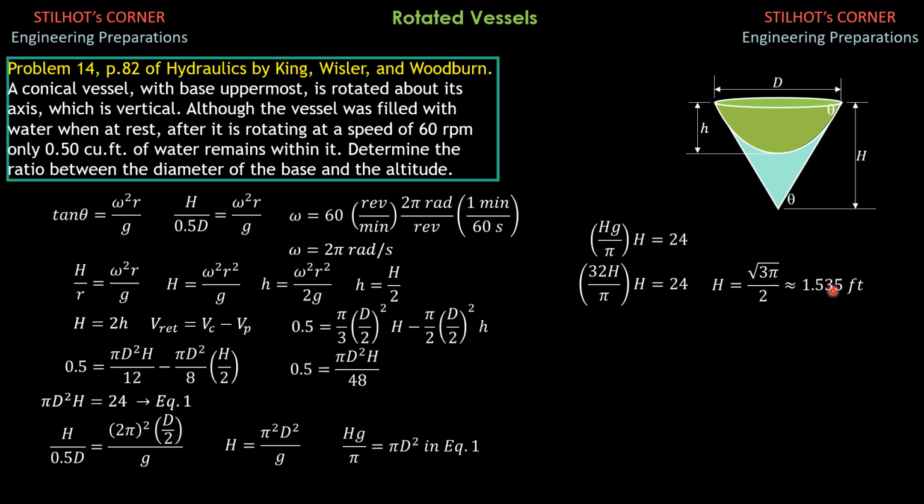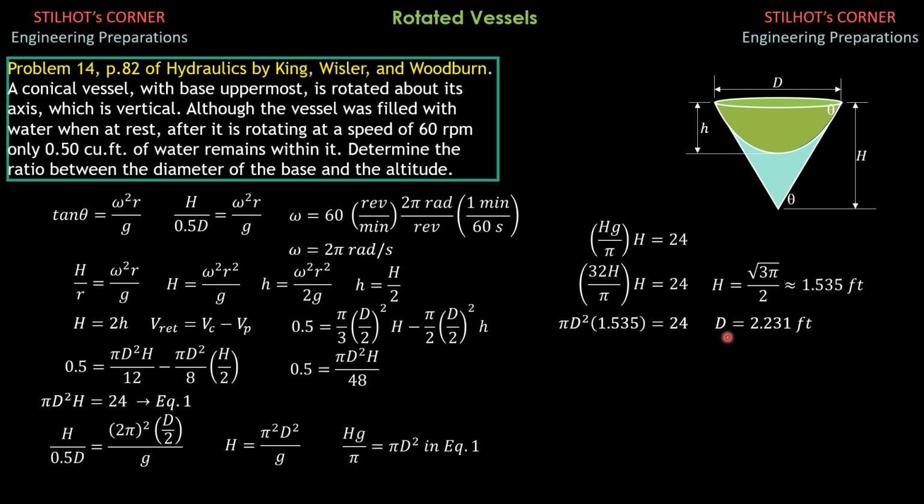We then substitute this value of H into equation 1, then we can now solve for the diameter. So pi diameter squared times 1.535 equals 24. So the diameter is equal to 2.231 feet.